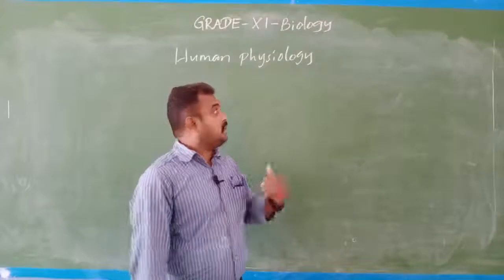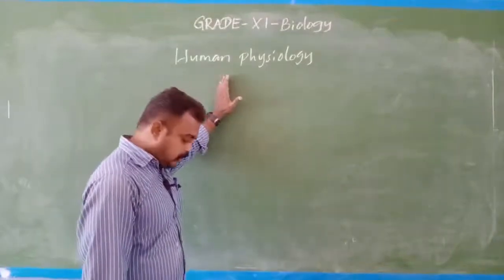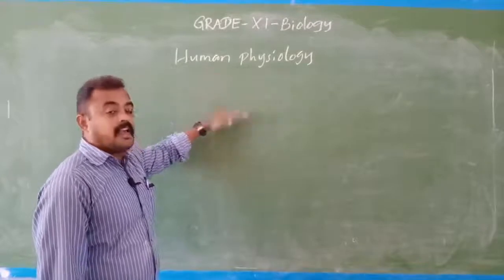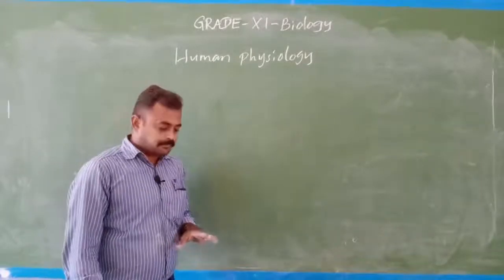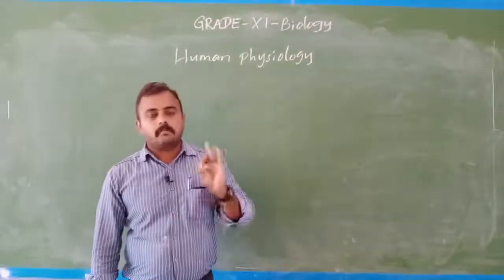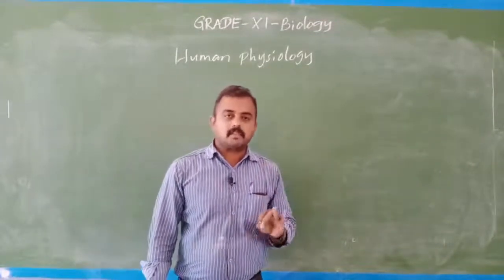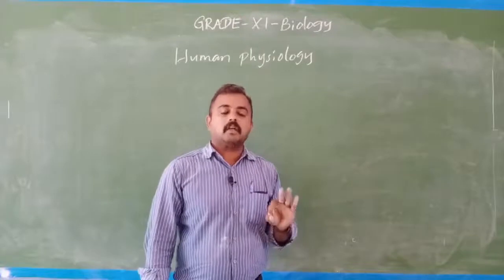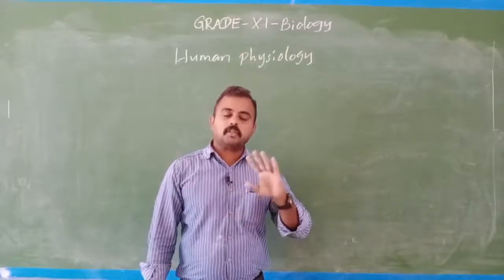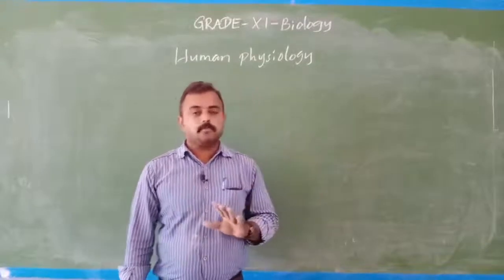Here, this is the 5th unit, I think. In this unit we have 7 chapters. One is digestion and absorption, second is breathing and exchange of gases, then body fluids and circulation, then excretory products and their elimination, then locomotion and movement.